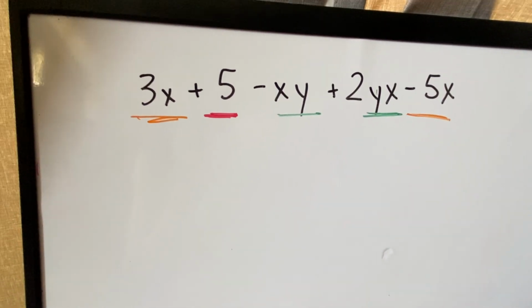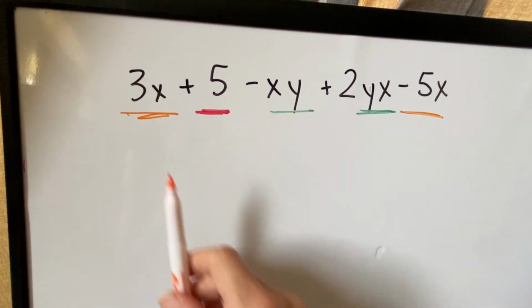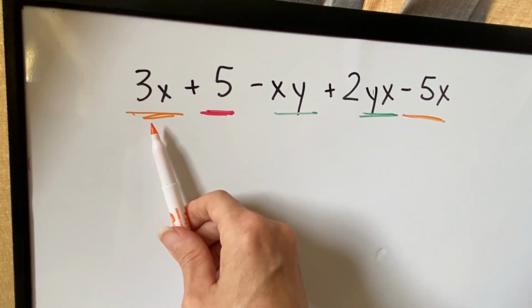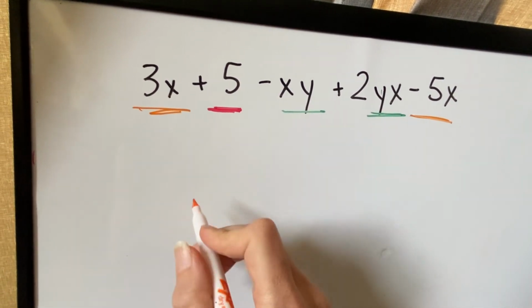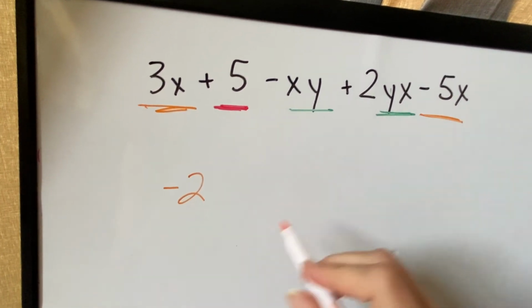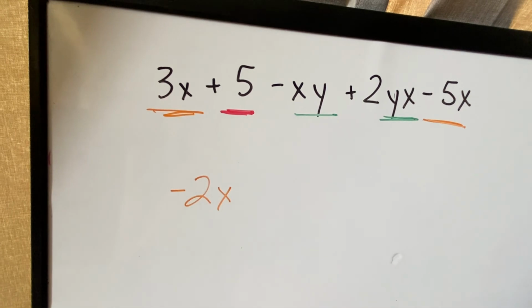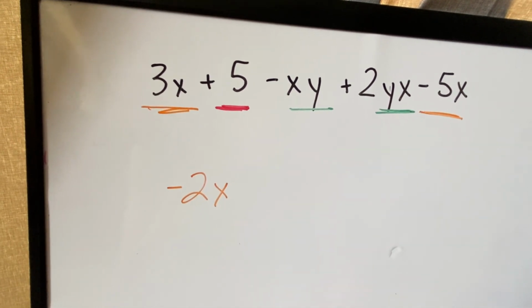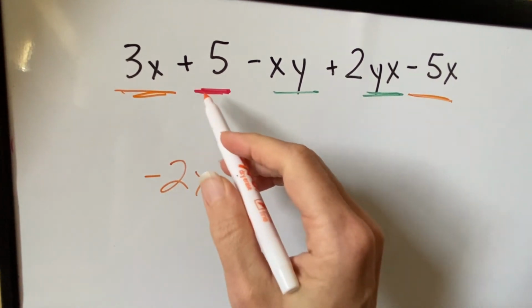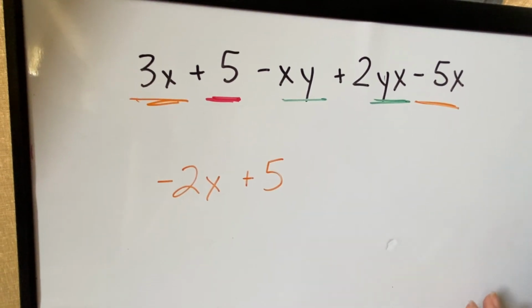Okay, so I'm going to add my like terms together. I'm going to add 3 plus a -5. Well, the signs are different, so we subtract, and 5 is the bigger number, so we keep the negative sign, so that's -2x. That's how many x's we have when we combine them. Then we have a +5 because there's no other like term to add to that 5.